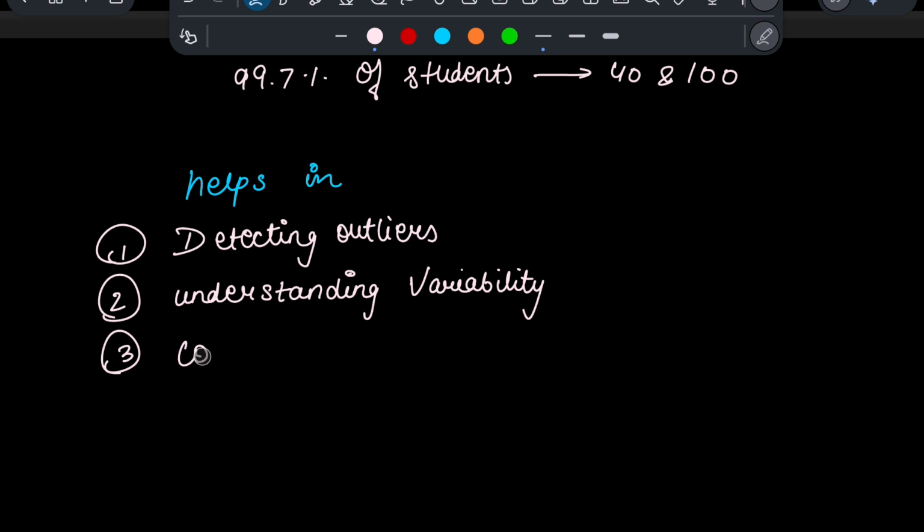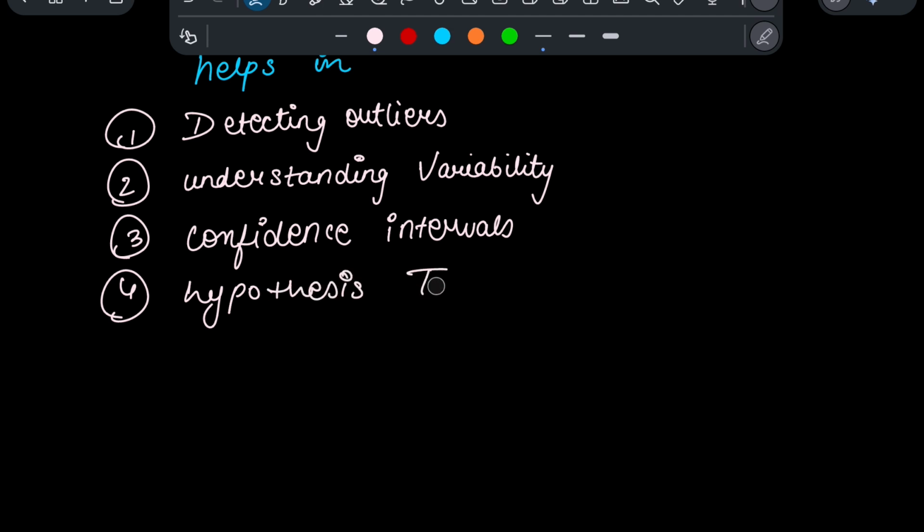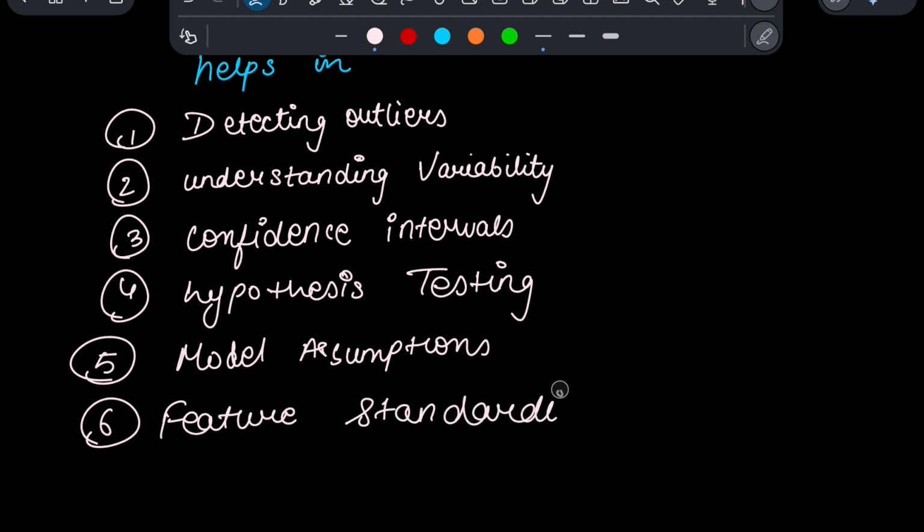Third, it is used in calculating confidence intervals. Fourth, it is used in hypothesis testing, of course. Fifth, it is used in model assumptions. And also it is used in feature standardization. So it is used in many statistical methods.